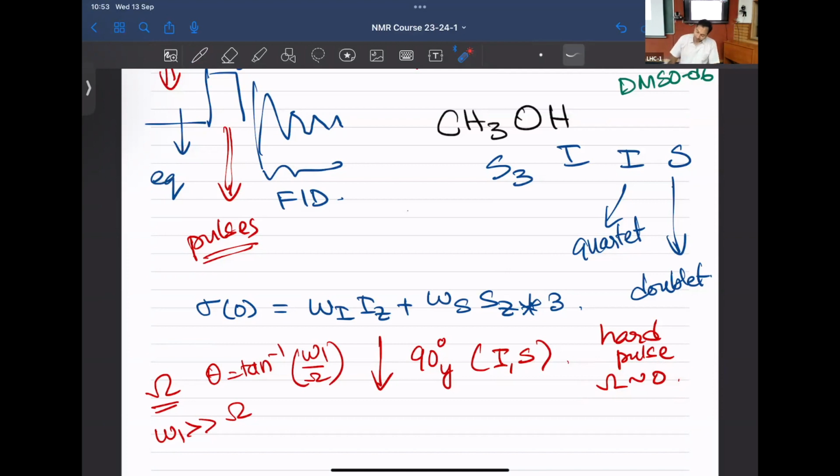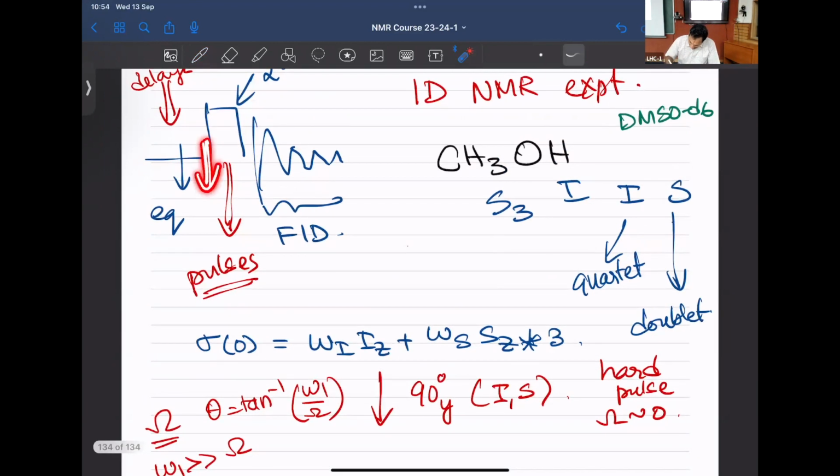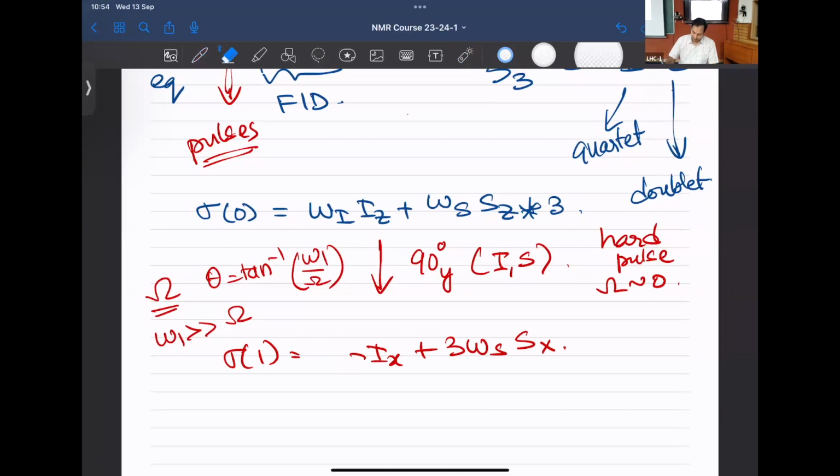If you end up applying the pulse, this is where we started: there we wrote sigma of 0. Then you applied this pulse. When you applied this pulse, what do you end up getting? Sigma of 1 will be omega I, Ix plus 3 omega S, Sx. Agree? Slowly, I'm going to let go of the omega I and omega S, just because both are protons, very close to each other.